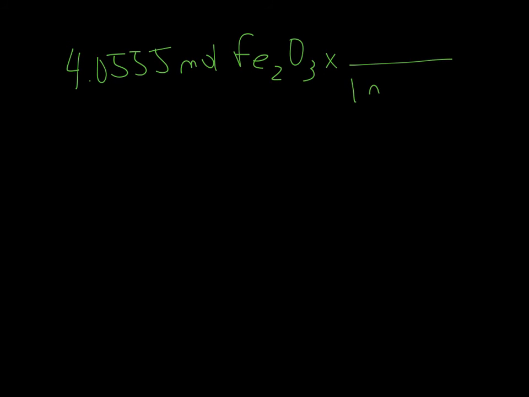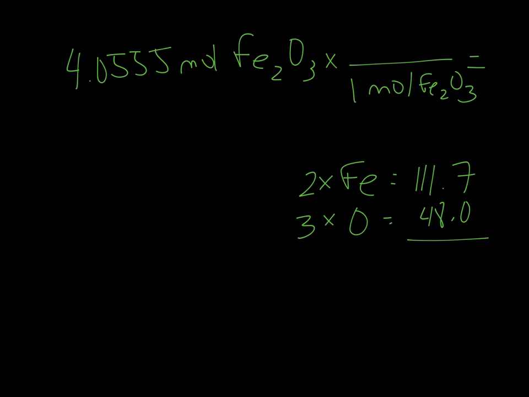Well, in every 1 mole of iron 3 oxide, what is my mass? How much mass do I have? Let's figure that out. We have 2 irons, that's 2 times 55.85, 111.7 grams, and 3 oxygens, they add up to, hopefully, 159.7. So for every mole of iron 3 oxide we have 159.7 grams.